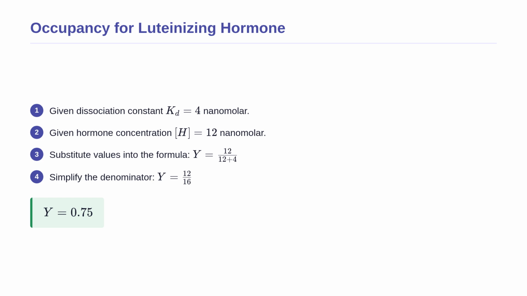We substitute 12 for the hormone concentration and 4 for the dissociation constant into our equation. The numerator is the available hormone, and the denominator represents the total binding dynamics. Dividing 12 by 16 gives us 0.75. This means 75% of the receptors are occupied, sending a very strong signal to the cell to produce testosterone.